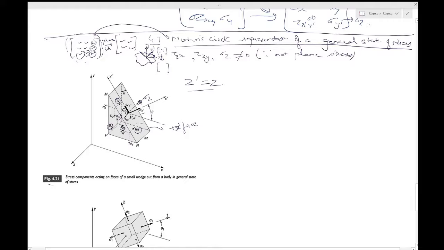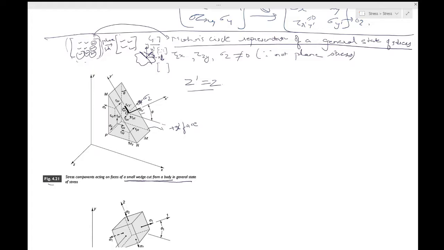So this is that one. Once this is done, we want to examine figure 4.21. Remember, this is a small wedge which has been cut from a body in a general state of stress. It's not the whole body itself, just like it was not in figure 4.15 as well.